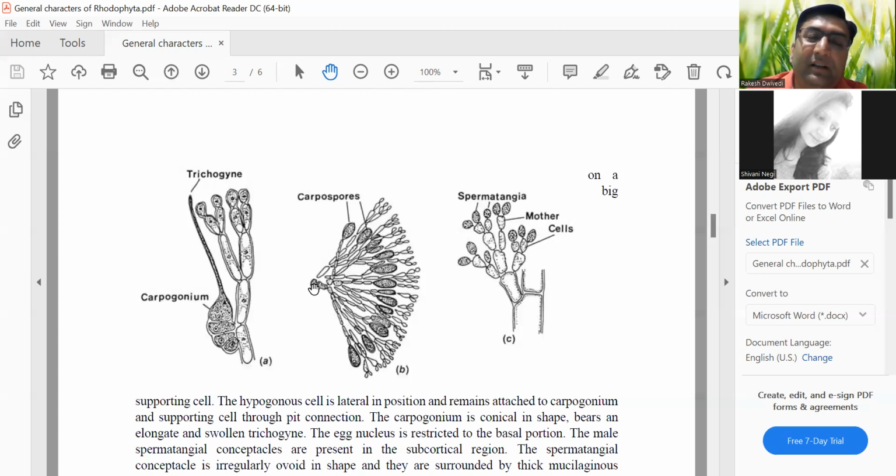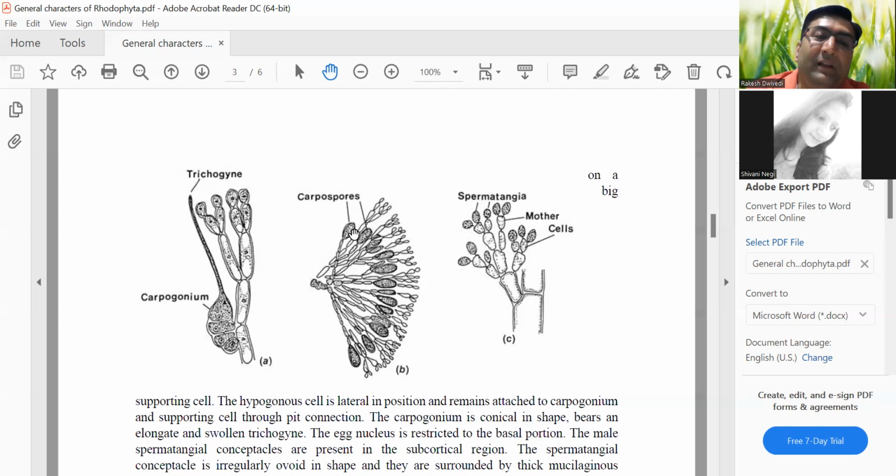This is the female reproductive structure, carpogonium. From this carpogonium, after the fertilization, these filaments are forming. You can see numerous filaments developing from this carpogonium after the fertilization.